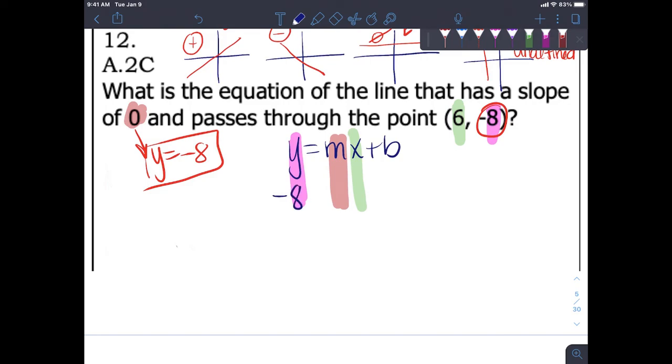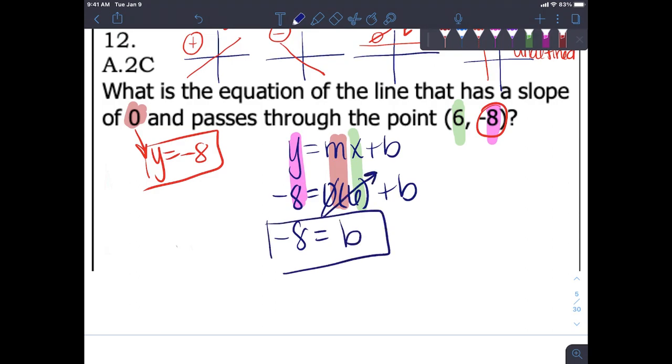So negative 8 equals 0 multiplied by positive 6 plus b. So I'll go ahead and continue simplifying this, and I find out that my b value is negative 8. I'm going to take that along with my slope, and plug those guys back into an equation.